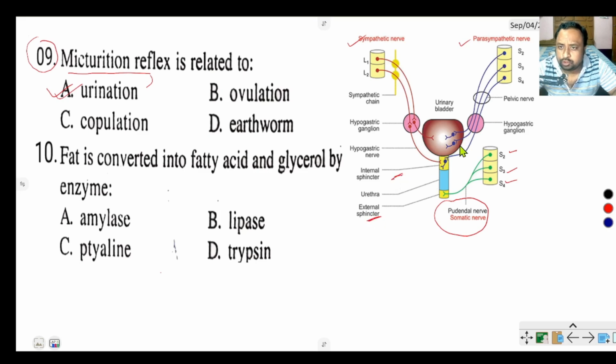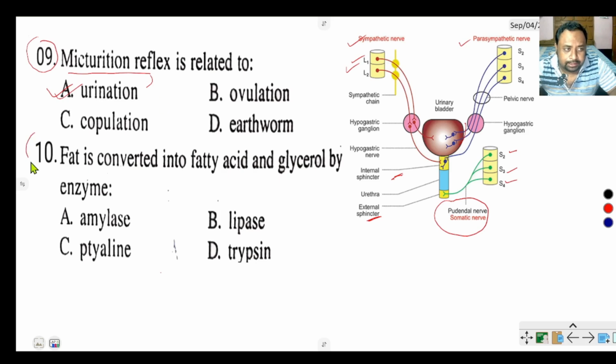Also the detrusor muscle: when the bladder is filled with urine, the baroreceptors of the detrusor muscle accept it and contract. Also the sympathetic nervous system, like lumbar 1 and lumbar 2, regulates, and the brain's autonomic nervous system center, like the pons.